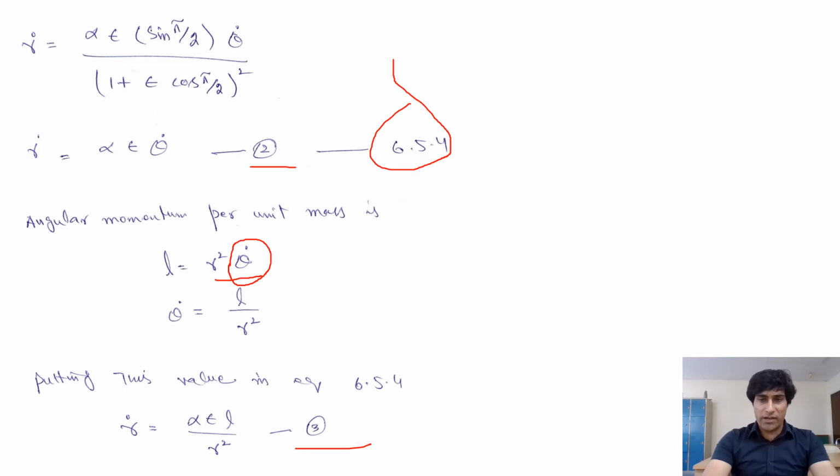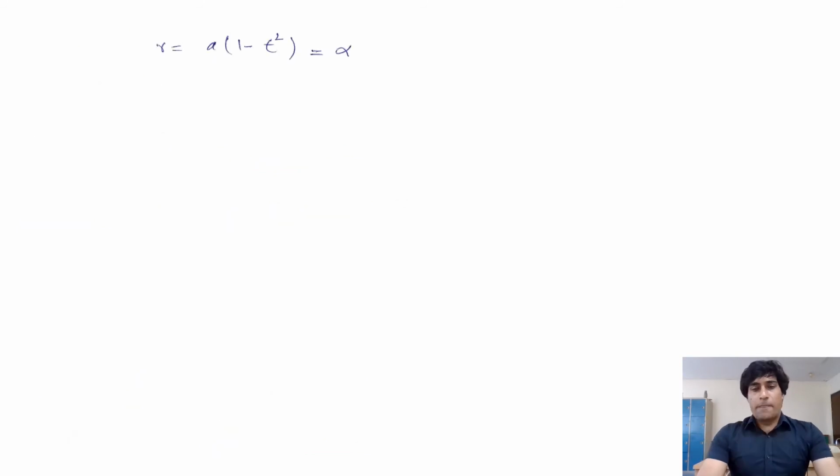Just think about what we need to calculate this r, and what kind of values we need. You know that r is equal to a times 1 minus e squared, which equals alpha, the latus rectum.